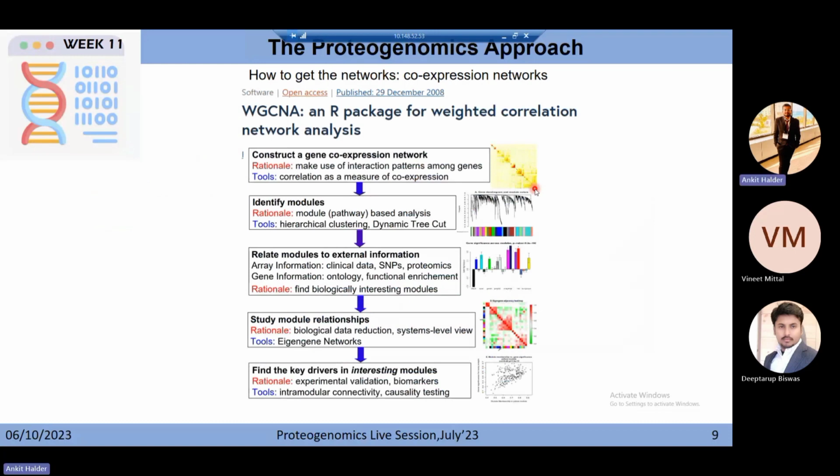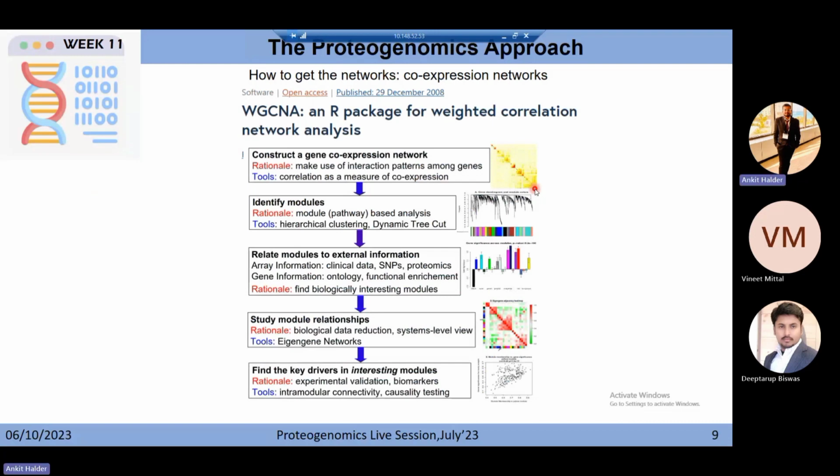Now the question is how to get the network. We are talking about the network. If you know certain proteins and protein interactions for a particular disease set, you have done the experiment and found a certain set of proteins, but how will you find the networks through which they are related? For co-expression networks, there is WGCNA, an R package for weighted correlation network analysis.